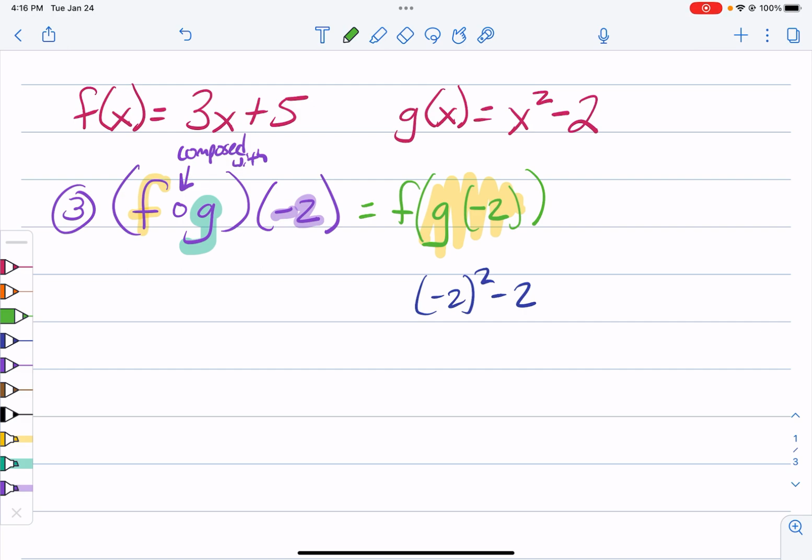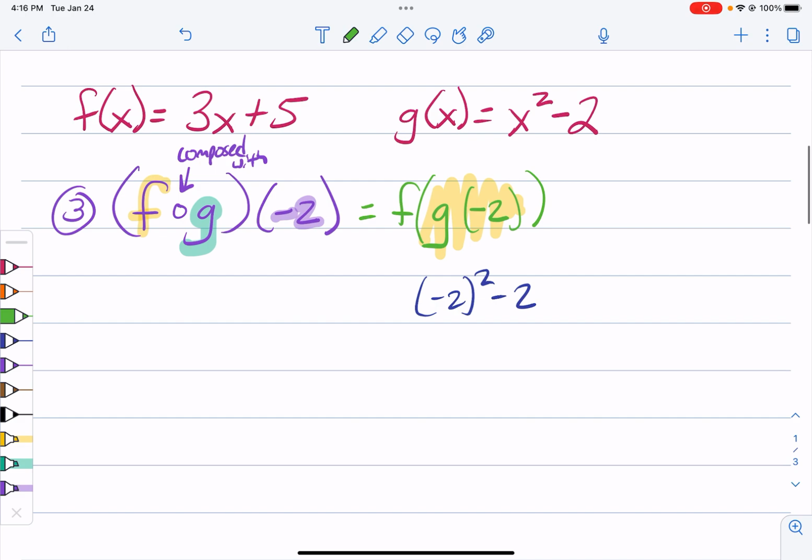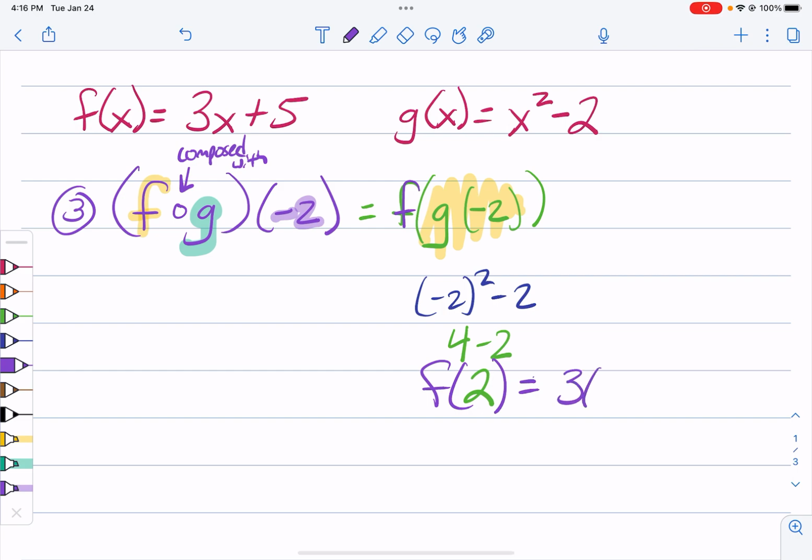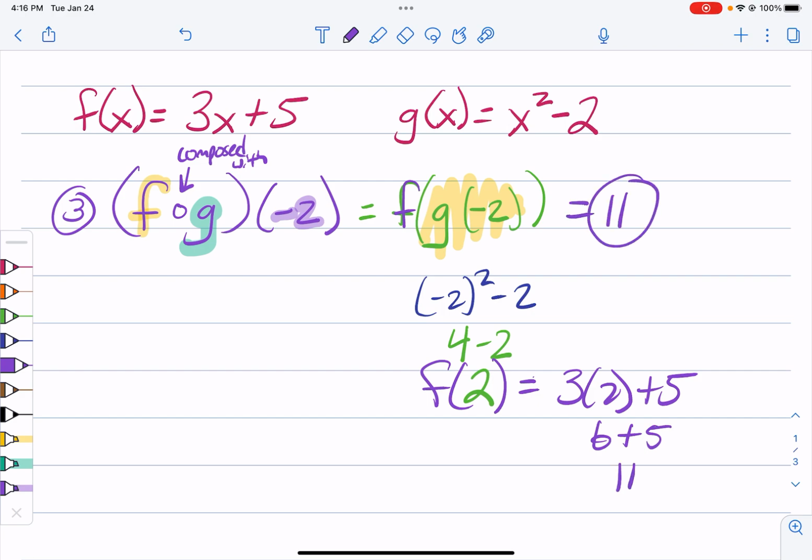So negative 2 squared means negative 2 times negative 2, so that's a 4, minus 2, which is a 2. So now I'm going to plug that 2 into where my f equation is. So I'm going to now find f of 2. So I'm going to do 3 times 2 plus 5, so 6 plus 5 is 11. So my final answer for f composed with g of negative 2 is 11.